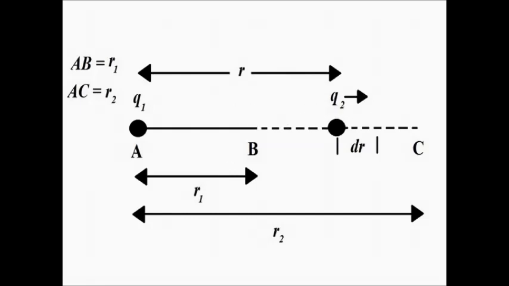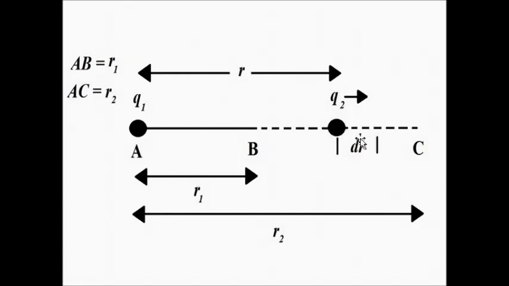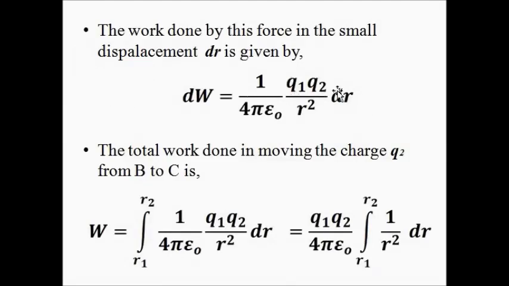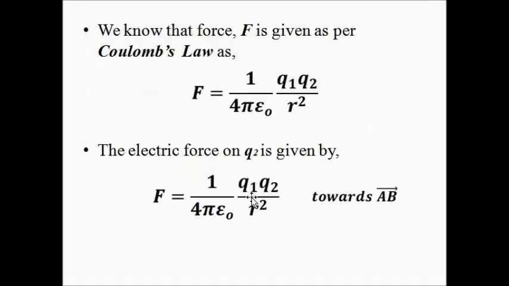There is a force in which the vector is directed towards the right. Now the work done by this force causing a small displacement, let's say dr. For a small displacement dr, the small amount of work dW is given by force into displacement, F dr. Now this F is 1 by 4 pi epsilon 0 q1 q2 by r square.